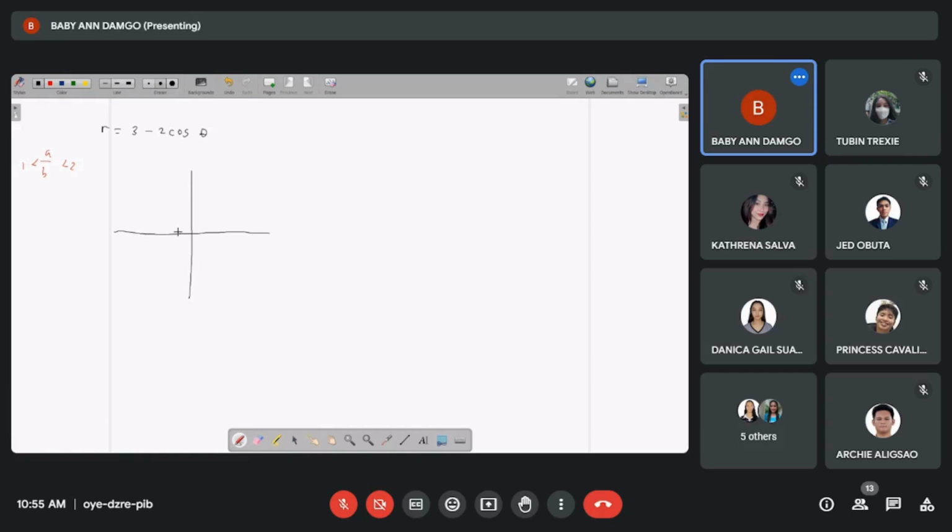So we have negative 2, negative 4, 1, 2, 3, 4. So this is 2 and then 4. So what we have is a limason with a dent, or a dimple limason.